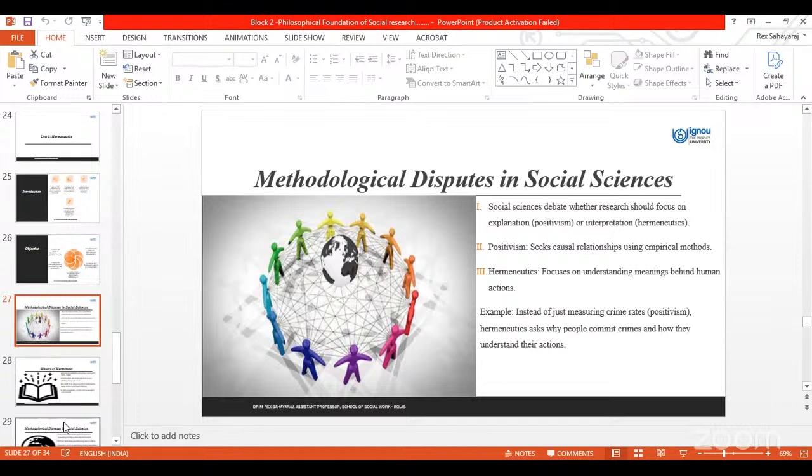Because when you want to explain, you need data, some empirical data, that means in numbers, right? So you need to say that 60% of them have passed in my exam and 40% of them failed. You need some data in it, and based on that you explain.